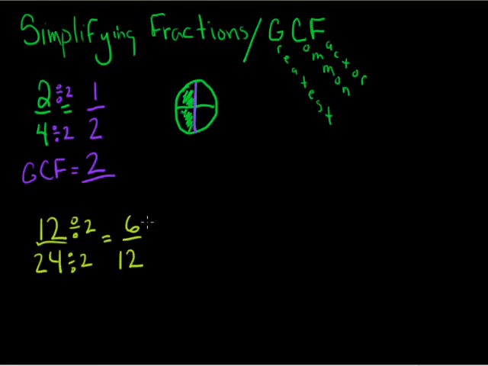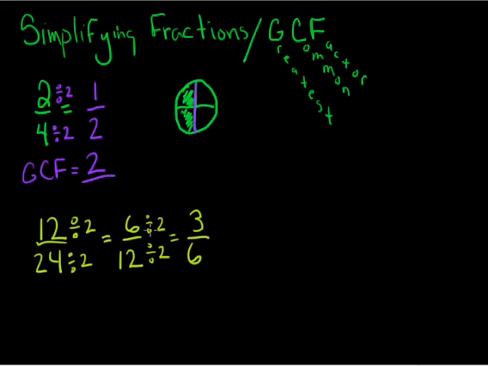Now we have 6/12. What could we divide 6 and 12 by? Well, we could divide it by 6, or some kids might not know that right off the top of their head, and they might say, well, they're both even, so I'm just going to cut those numbers in half again by dividing them by 2 again. 2 goes into 6 3 times. 2 goes into 12 6 times.